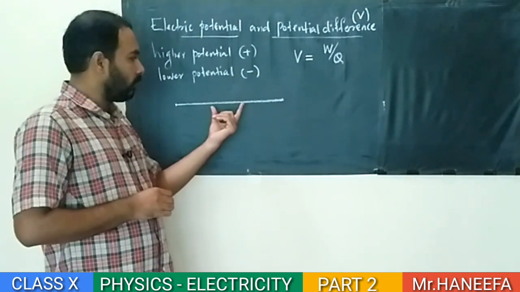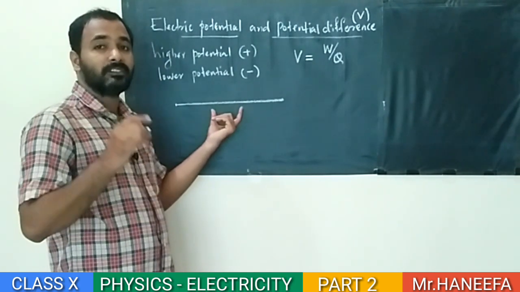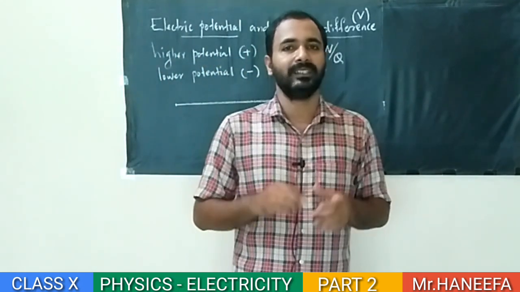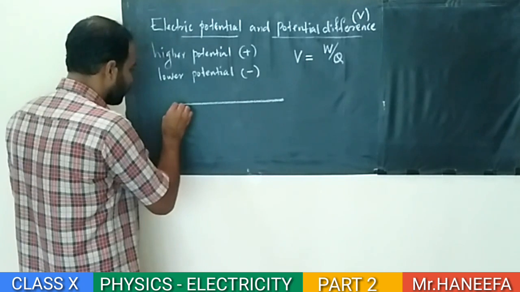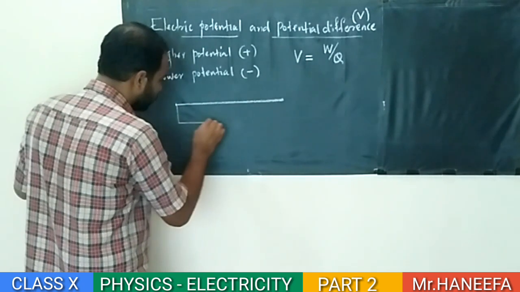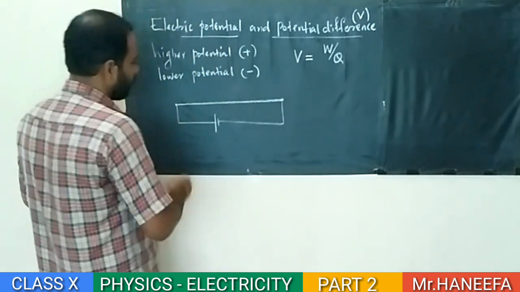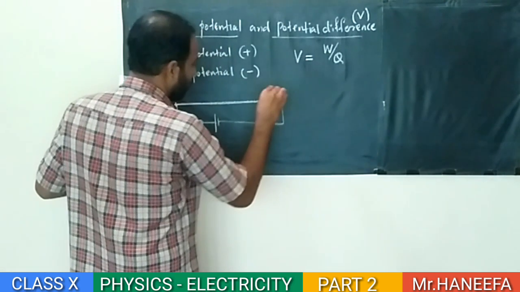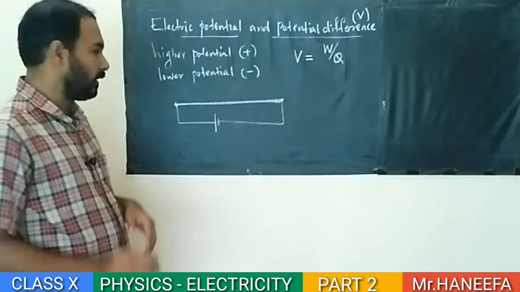Okay. If this metallic wire is connected with a battery or cell, so this is a metallic wire or metallic conductor or good conductor of electricity.